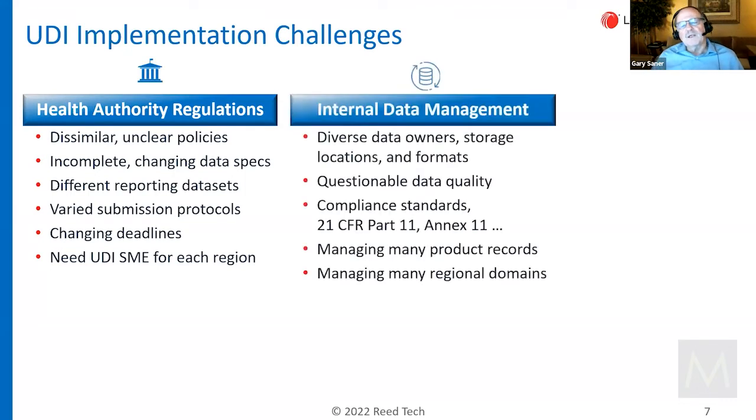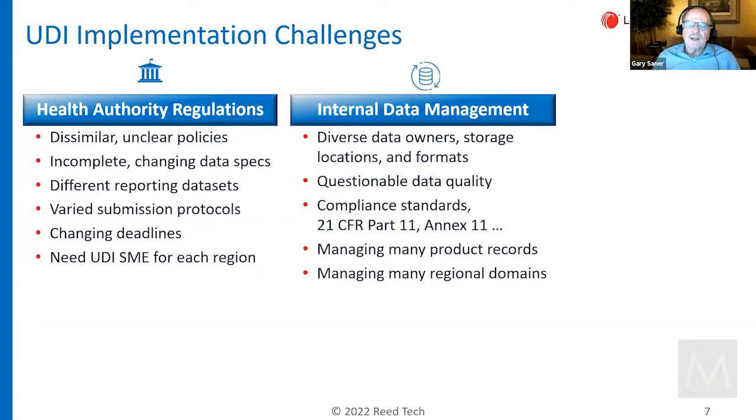But the second bucket is internal. So the first one is external. You really don't have too much control over the health authority, but you do have some control over internal data management. And what we're finding is that this data had never really been assembled before, and it may not be fresh, may not be accurate, may be hard to find, there may be some omissions.